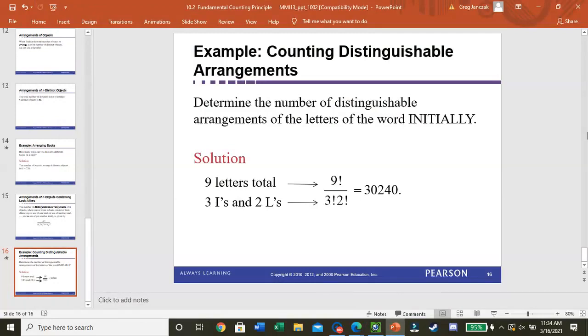Okay. Any questions at all with lesson 10.2? Let's see if there's anything unusual.